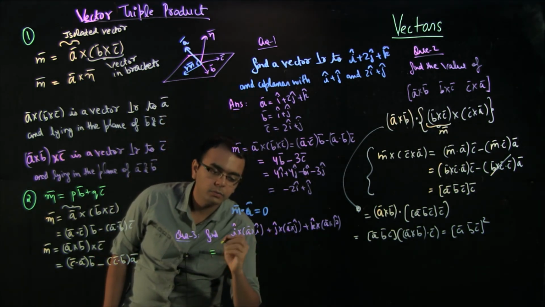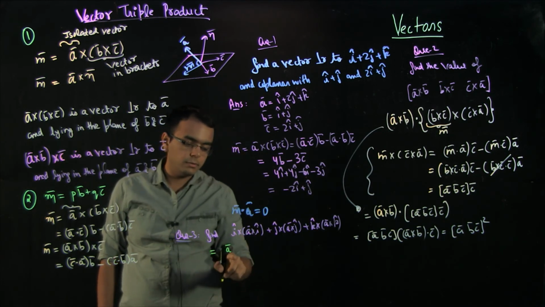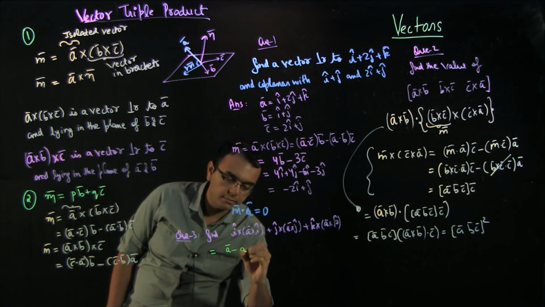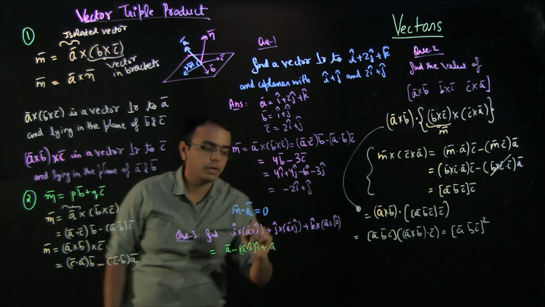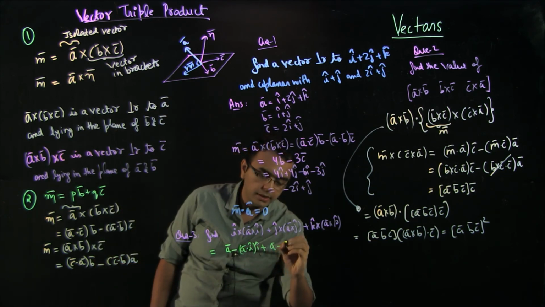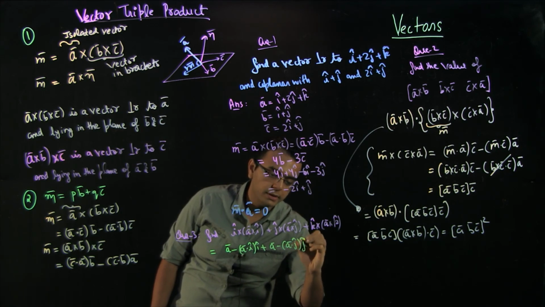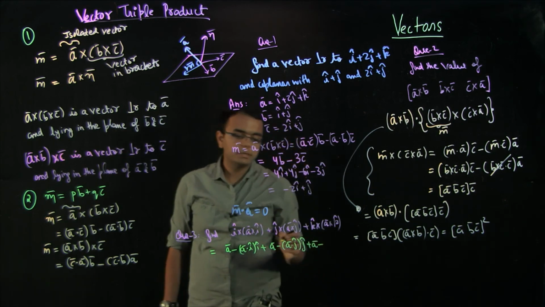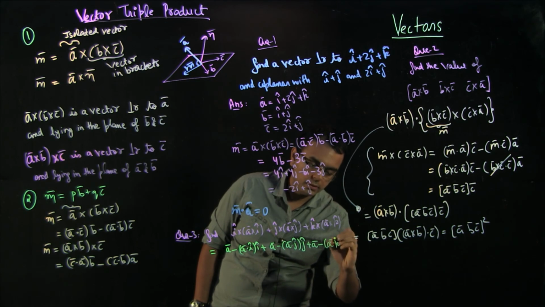Then I dot I is 1 into A, minus I dot A into I, where A dot I is the same thing, plus A vector, again J dot J into A is A vector, minus A dot J into J vector, plus A minus A dot K into K vector.